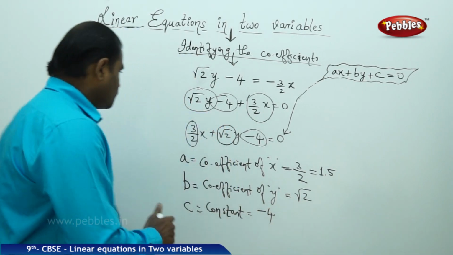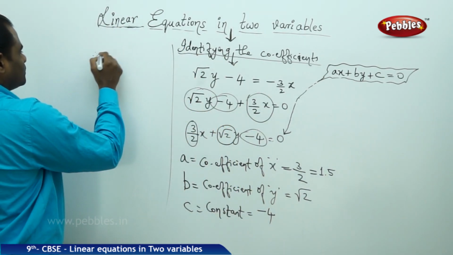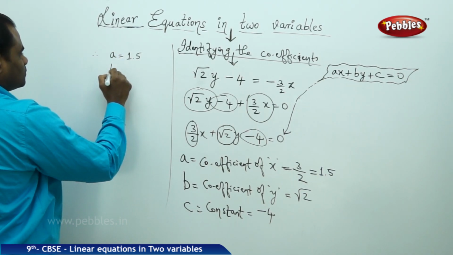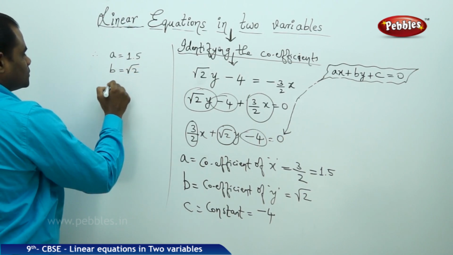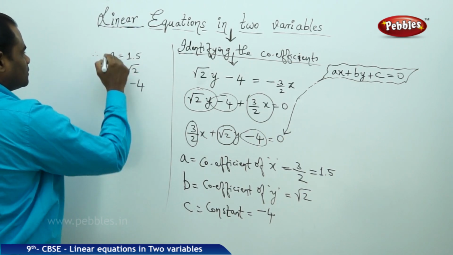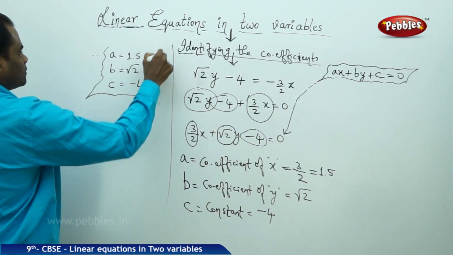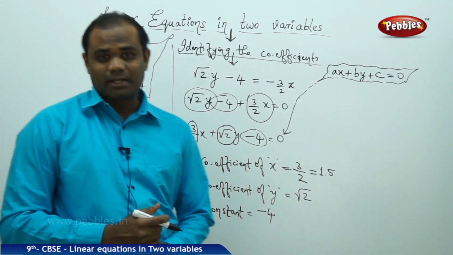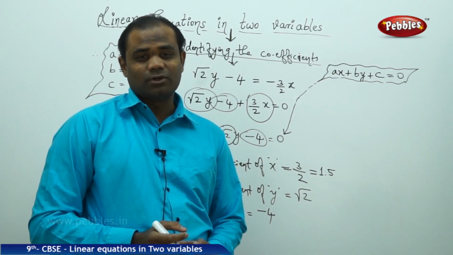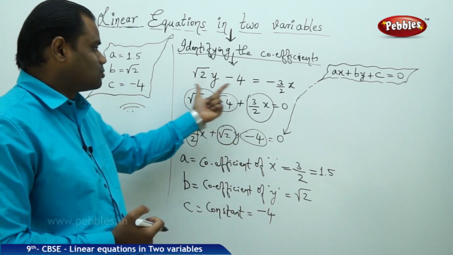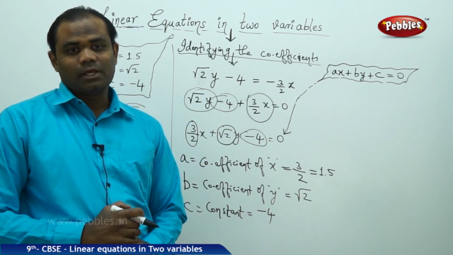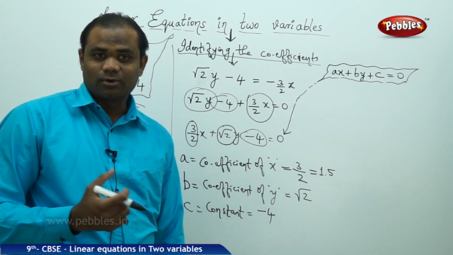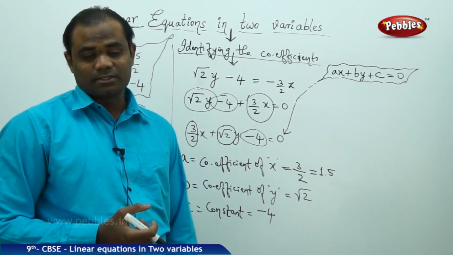Finally I get a, which is 1.5, b, which is root 2, and c, which is minus 4. This is how I understand identifying the coefficients in the linear polynomial in two variables x and y. A is the coefficient of x, 1.5, b is the coefficient of y, root 2, and c is the constant, minus 4.